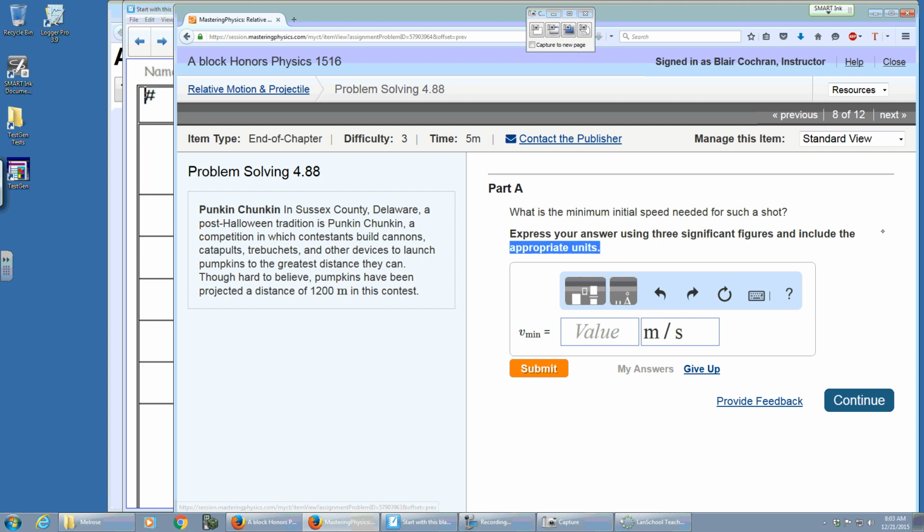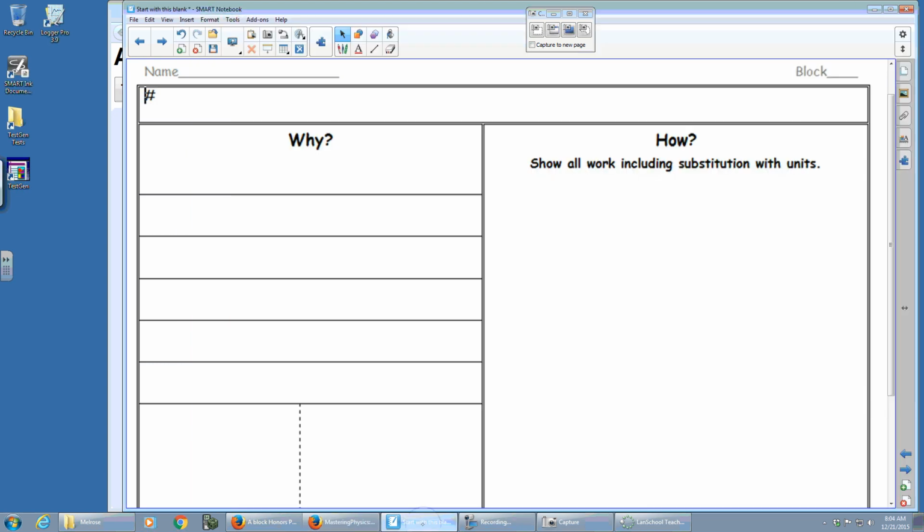All right. So minimum initial speed, that comes back to one thing hopefully that you picked out of the videos or out of the readings, I know it didn't come up in class, about maximum range.